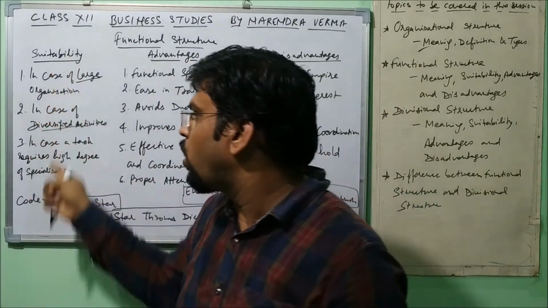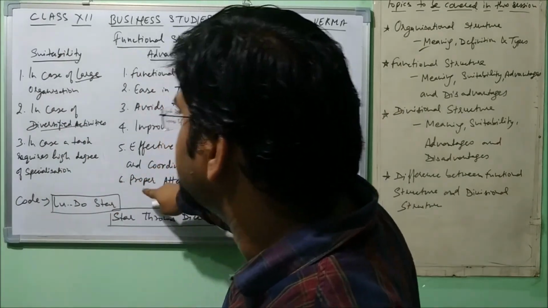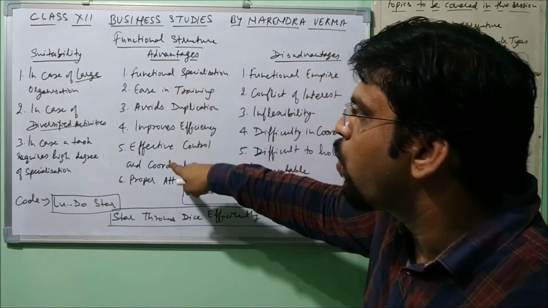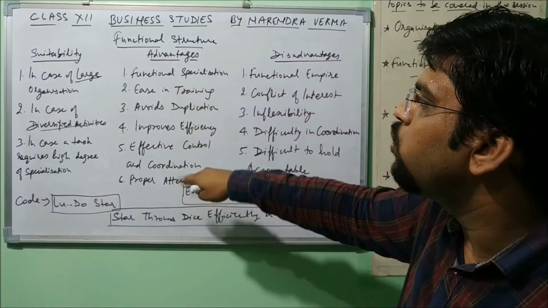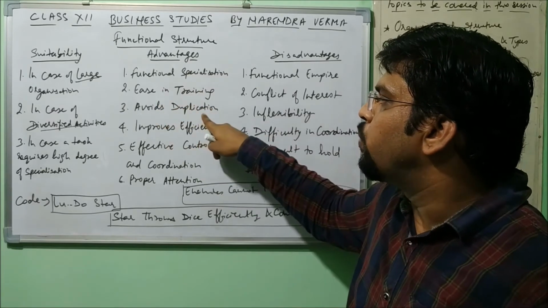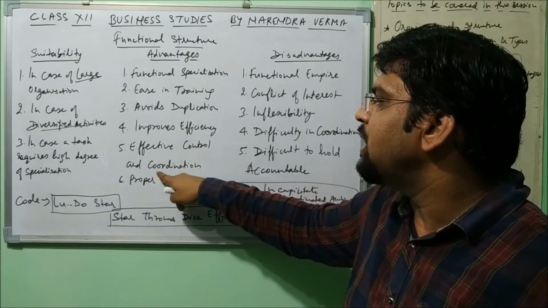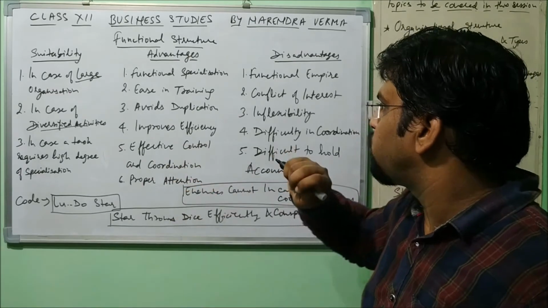So there are 3 points for suitability, and there are 6 points for advantages. We'll have discussion about these one by one. Right now I'm just reading them out. Functional specialization, ease in training, avoids duplication, improves efficiency, effective control and coordination, proper attention.